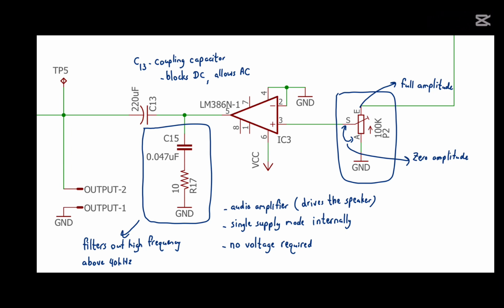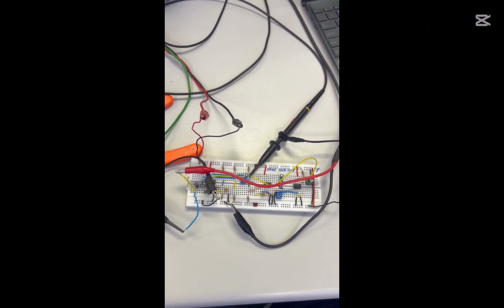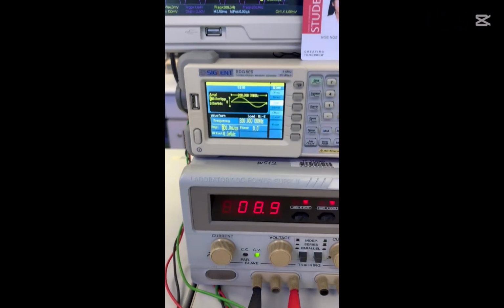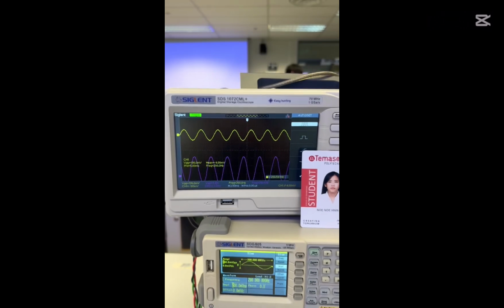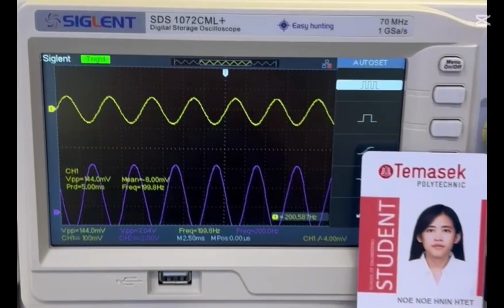The input will go through the trimmer P2, where pin E has full amplitude, and PS and PA have 0 amplitude. We will now test the output waveform at DP5. We will set the frequency to 200 Hz and amplitude to 200 mV PP. The output voltage will be around 7.04 volts.